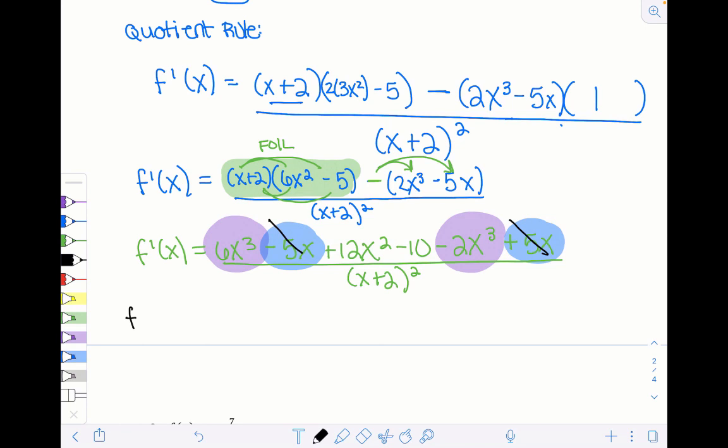So rewriting that, we've got 4x cubed plus 12x squared minus 10 all over x plus 2 squared. And that is our final answer.